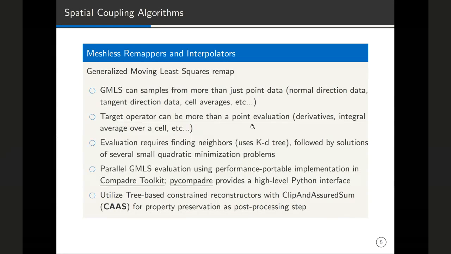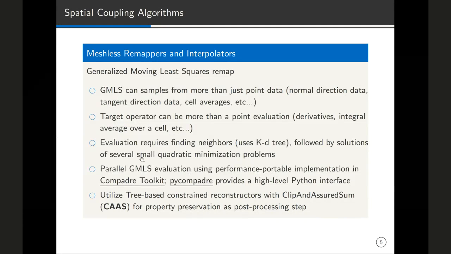Your objective function can also be a lot of different things, and so it gives you a lot of flexibility in how you want to impose this remapping scheme with generalized moving least squares. This is harder to do with just moving least squares. That is, for example, implemented in DTK.